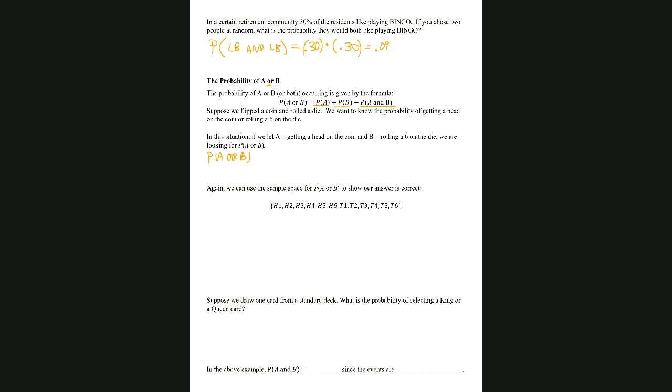It will be the probability of A plus the probability of B minus the probability of A and B.